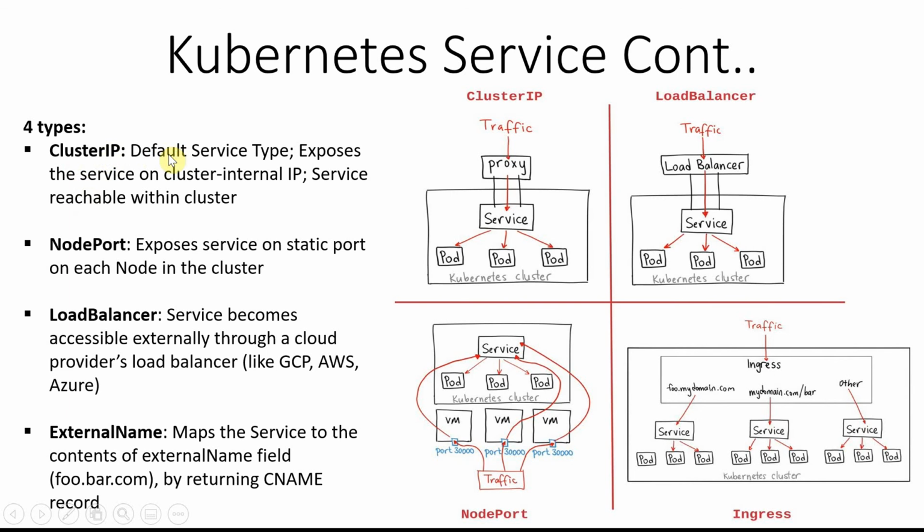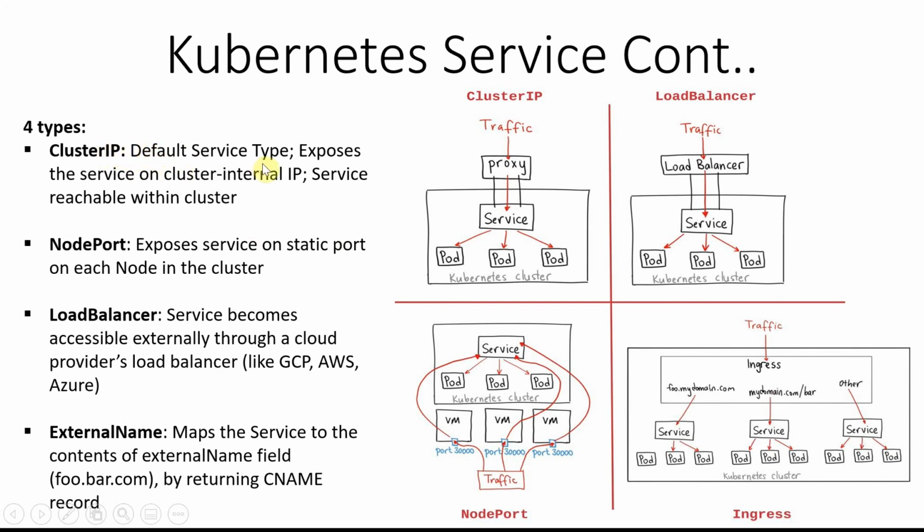So this cluster IP, here is a diagram. You can imagine traffic coming to a proxy layer. This is a Kubernetes cluster, and there's a service, and we have pods. So this traffic is coming to the proxy, and proxy to service, and service to pod. Here, this is the default. If you're not mentioning any type, then cluster IP is taken by default.